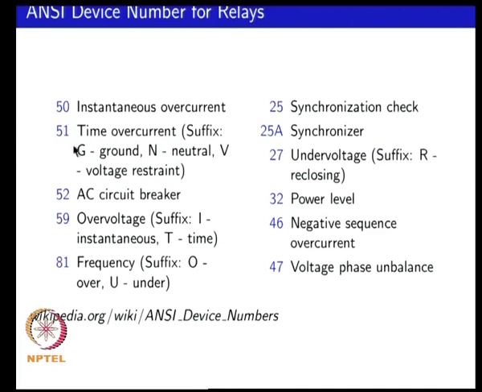You could have suffixes for these numbers. For example, 51G would mean a ground time overcurrent, or 51N would mean a neutral time overcurrent. 51V would mean a voltage restrained time overcurrent. So, you could have different combinations such as that.